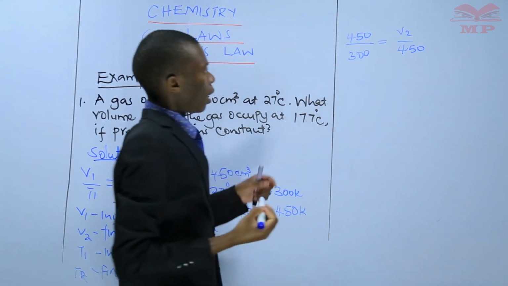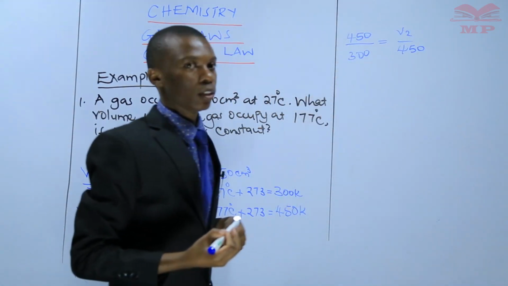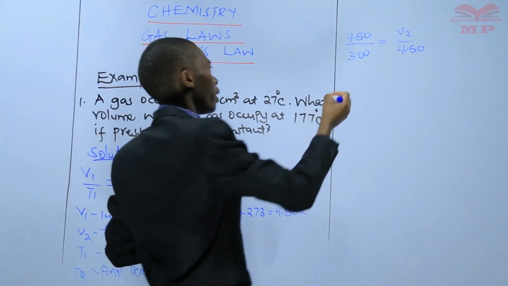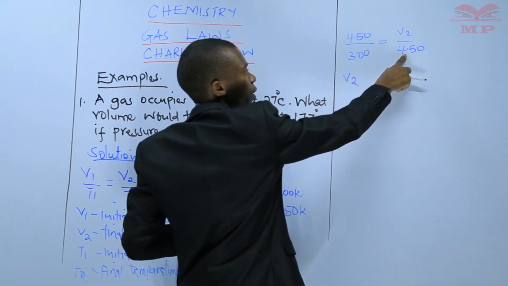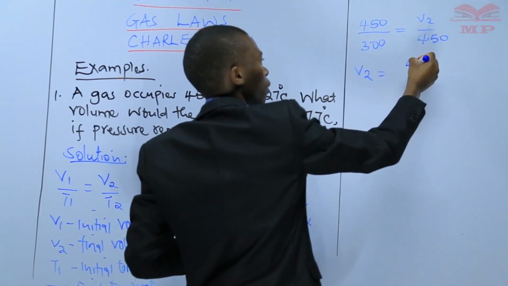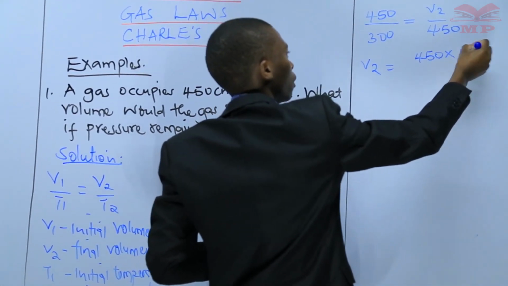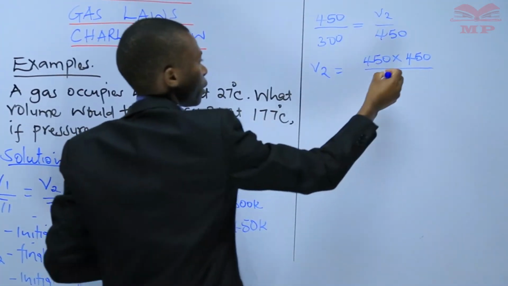To get V2, we just need to cross multiply. Therefore, V2 will be given by 450 multiplied by 450, then divided by 300.